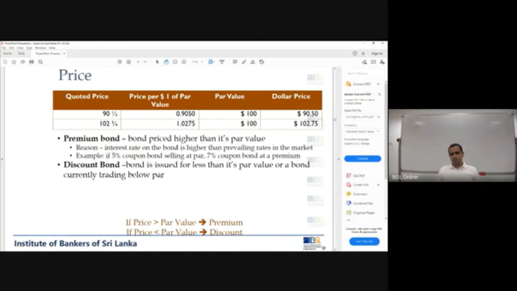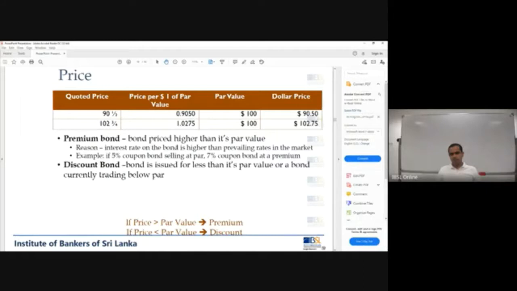So for a dollar, it is 0.905. And if the par value is $100, it's 90.5. Then if the price is 102.75 for a dollar, it's trading at 1.0275. And if the par value is 100, it is 102.75.